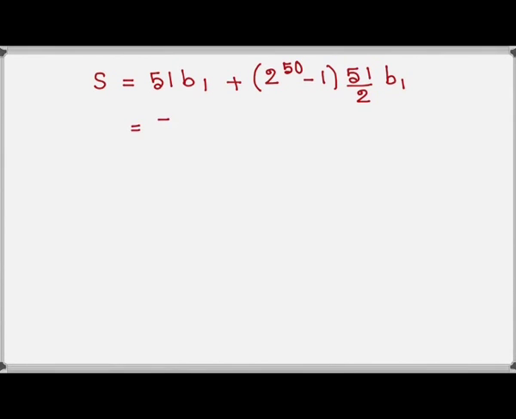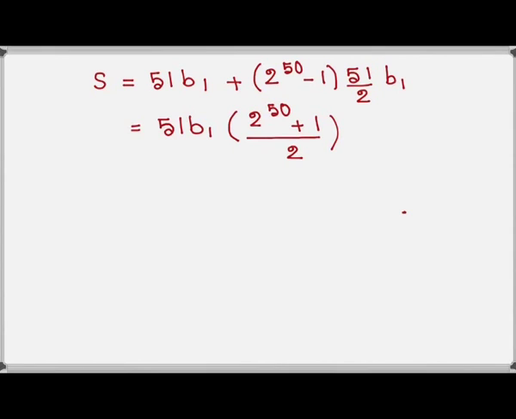We take 51 b1 out and inside we write (2 to the power 50 plus 1) divided by 2.